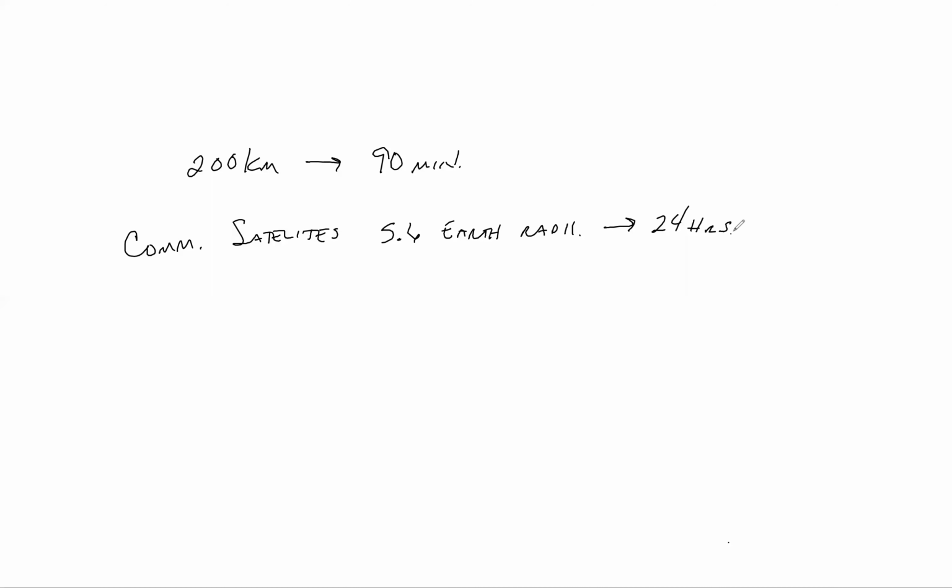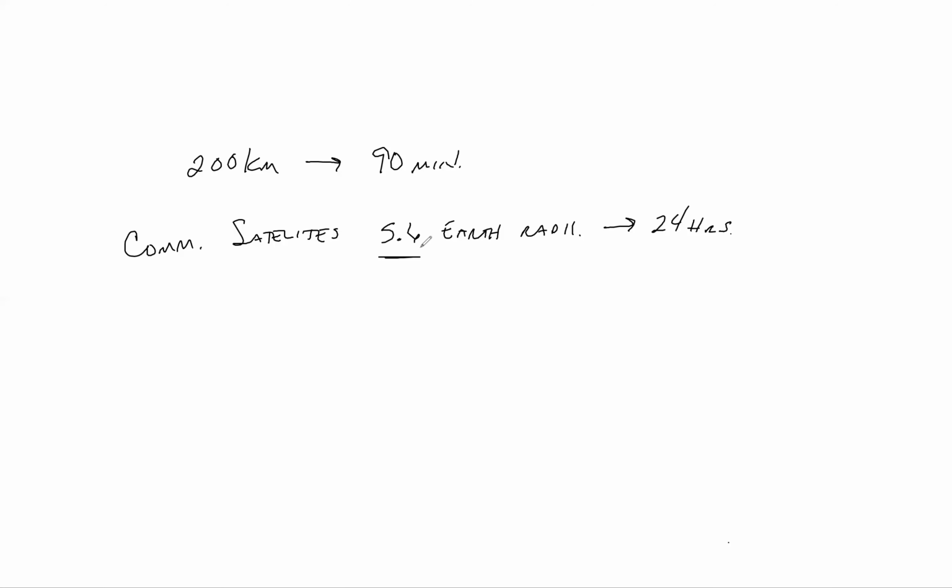And so if something has a period, meaning it takes 24 hours for it to go around the Earth, well, guess what that means? That means that it does not change locations. It is exactly matching the rotation of the Earth when it is this far away from the Earth.